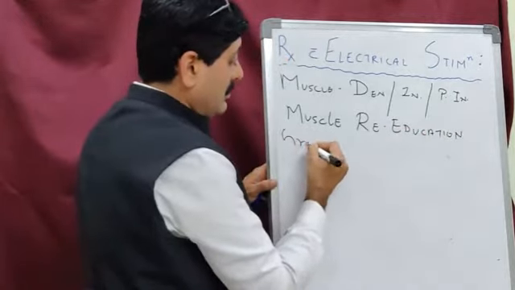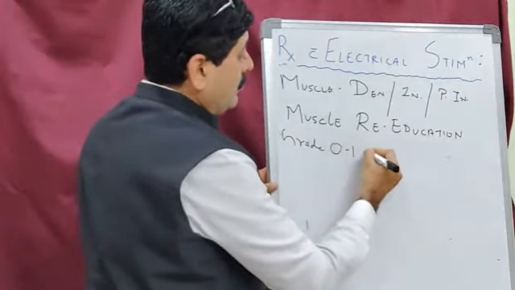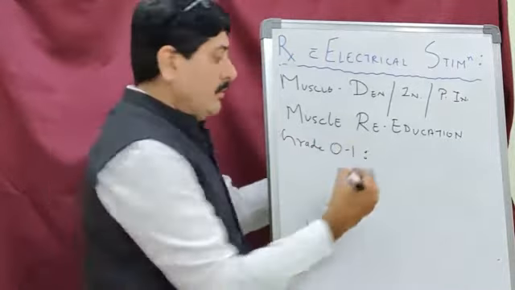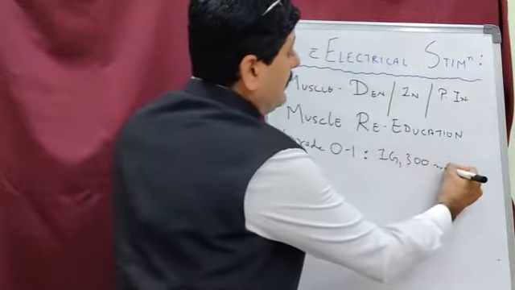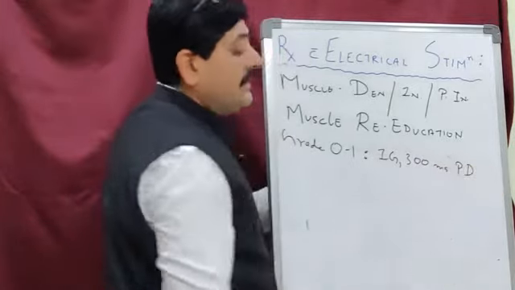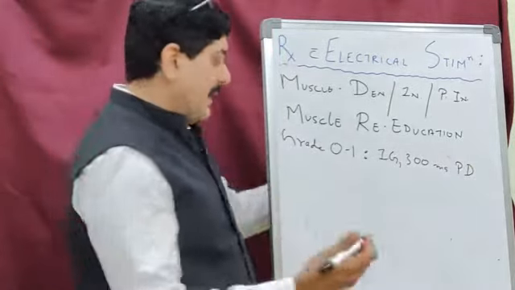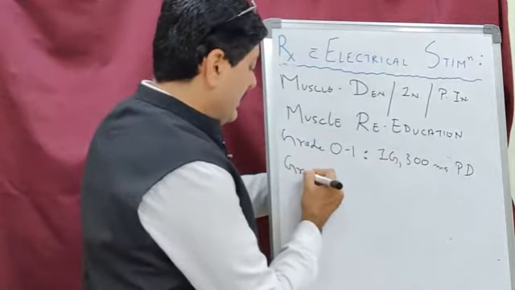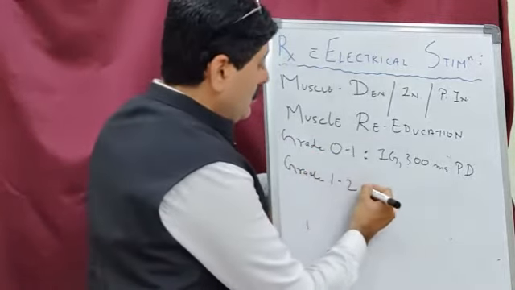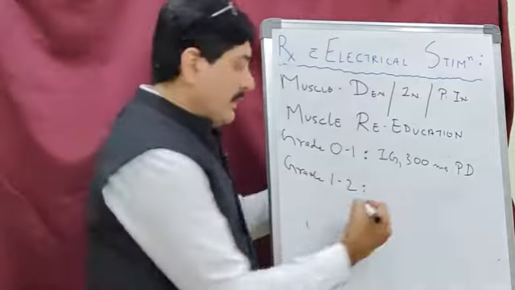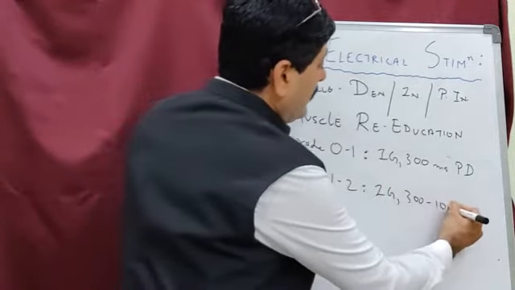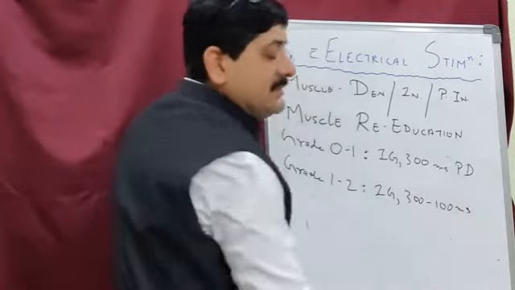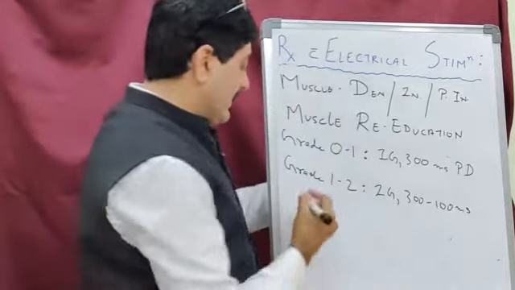So grade 0 to 1, we are going to give IG with 300 millisecond pulse duration, right? As the grade increases 1 to 2, again we are going to continue with IG with 300 or 100 milliseconds again, right, till the intensities get down.